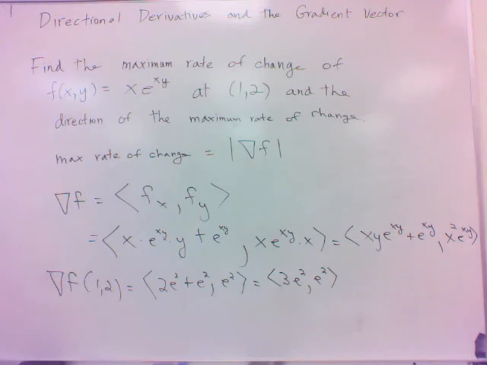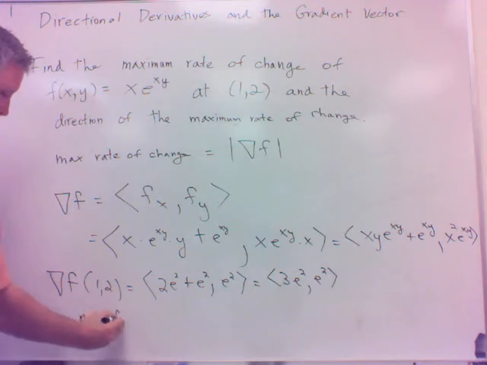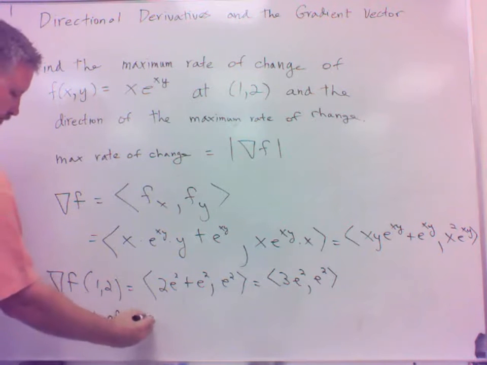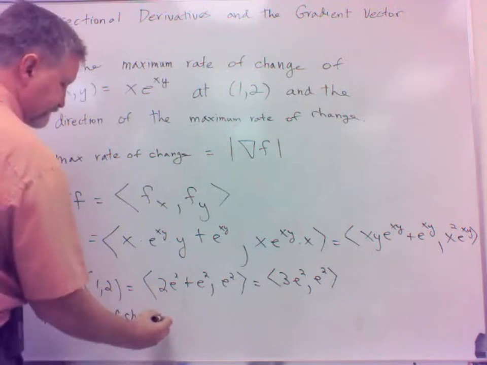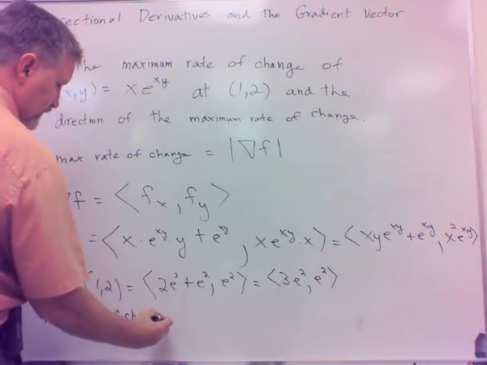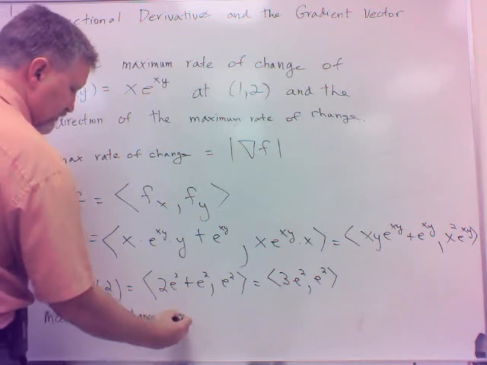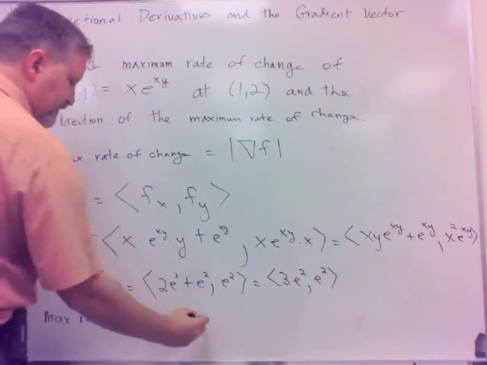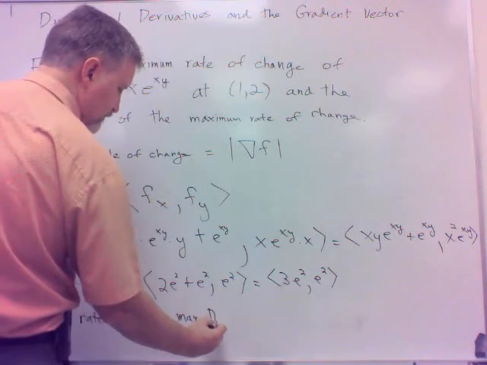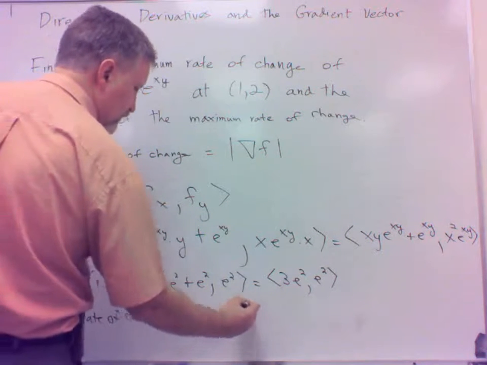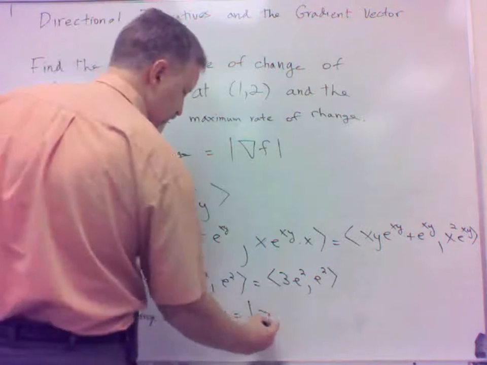And so the maximum rate of change, the maximum of our directional derivative here, will just be the magnitude of our gradient.